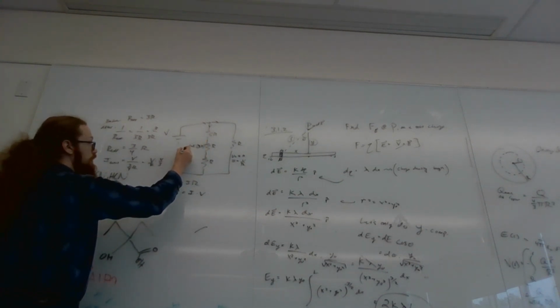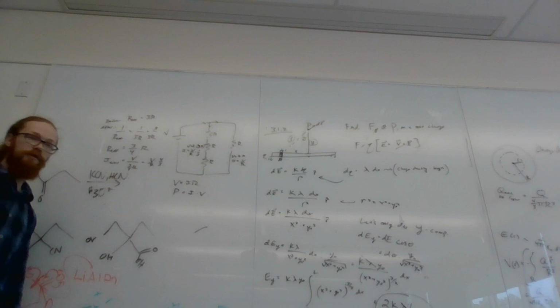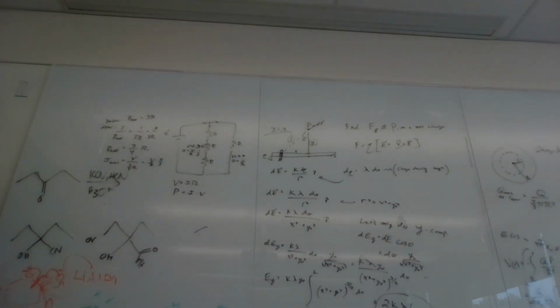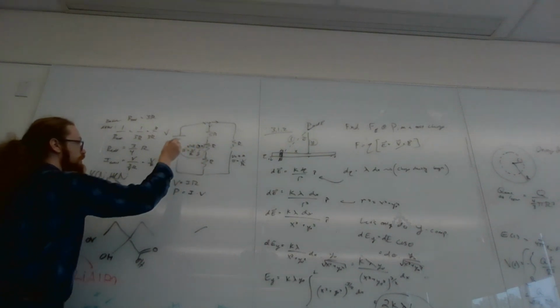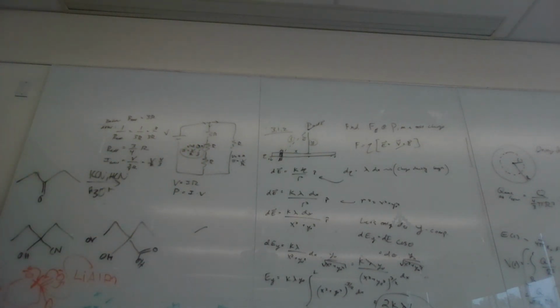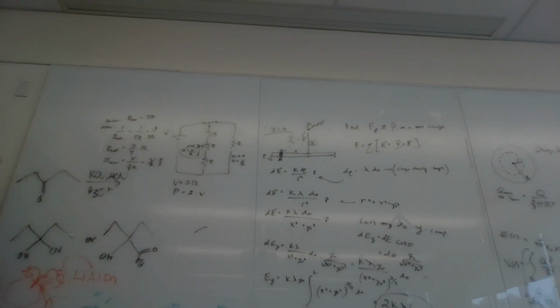So I equals V over R times a third. So here is my current that flows through the middle branch now after I've added my additional resistor.